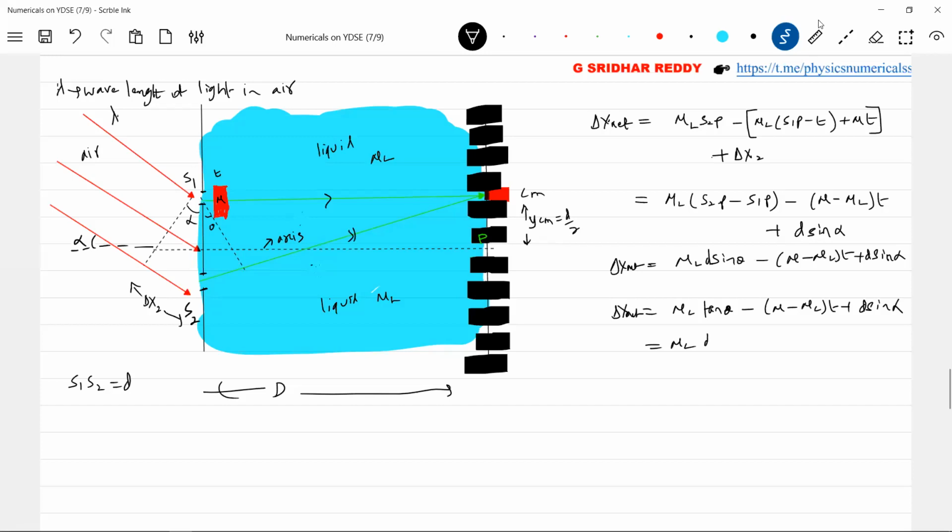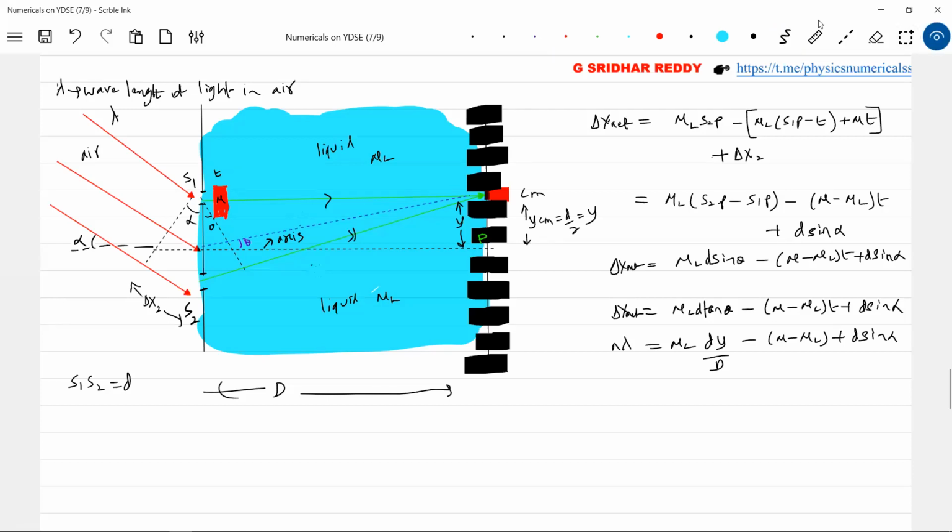Mu L tan theta will be small d, dy by capital D. This should be good. So, sir, from tan theta equals y by D, how did you write this? This is that y. See, we have to be very alert.